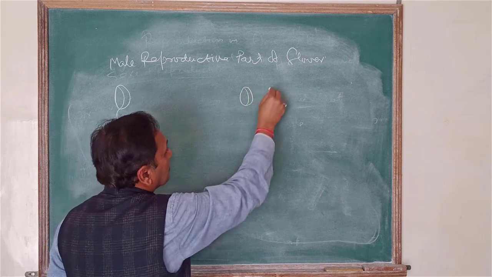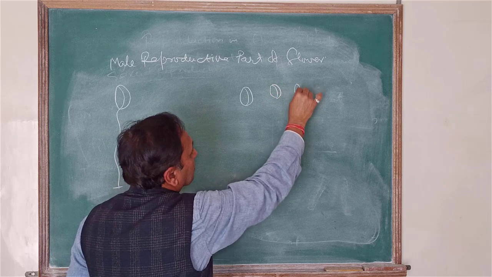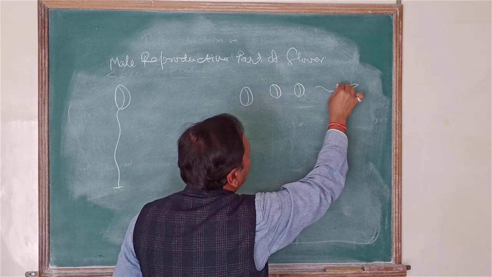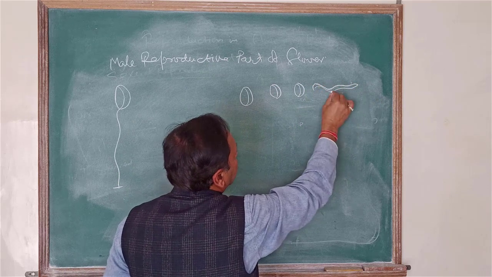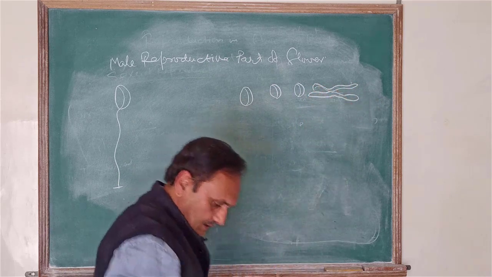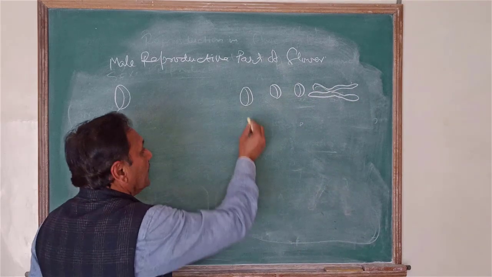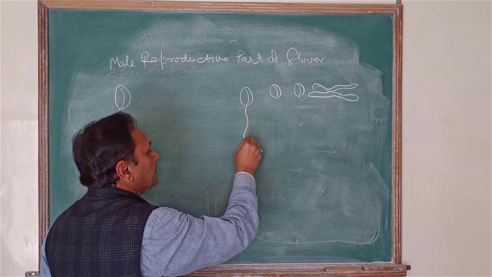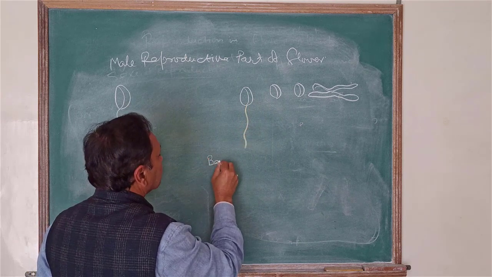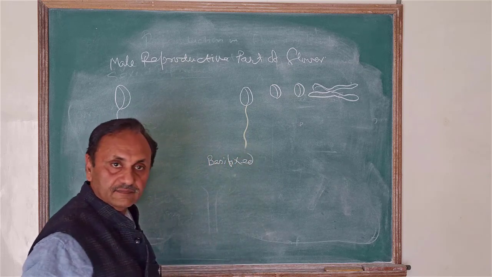This one is the anther, this one is the anther, this is the anther, and a special type of anther is like this. If the filament is attached at the base, it is called basifixed anther.